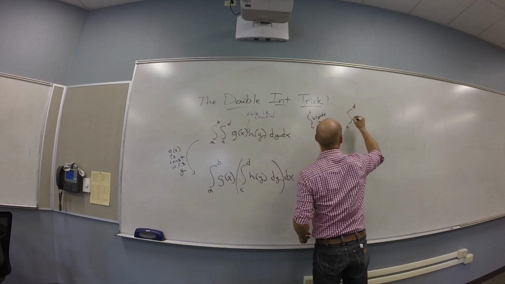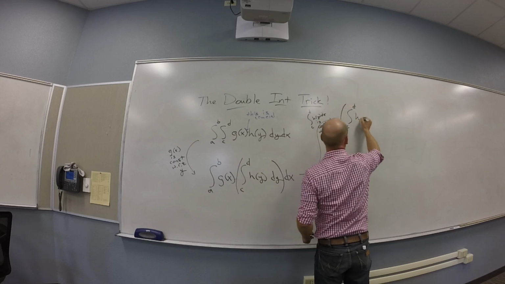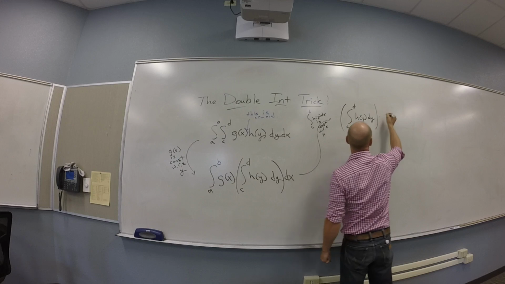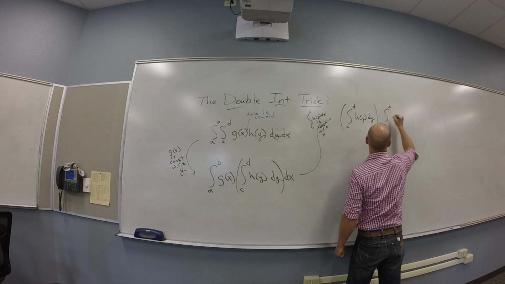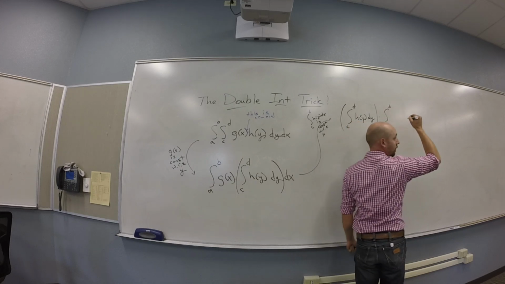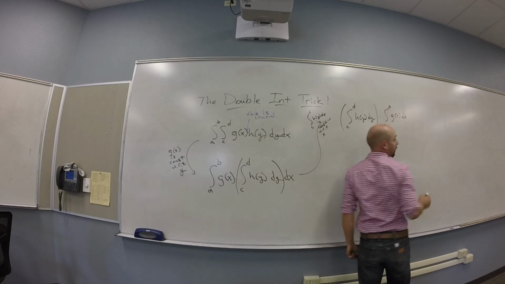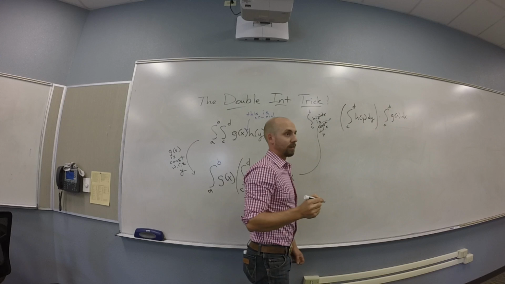So we can say we have the integral from c to d of h of y dy times the integral from a to b of what? G of x dx. Okay, g of x dx. Guys all with me on that? Yep.